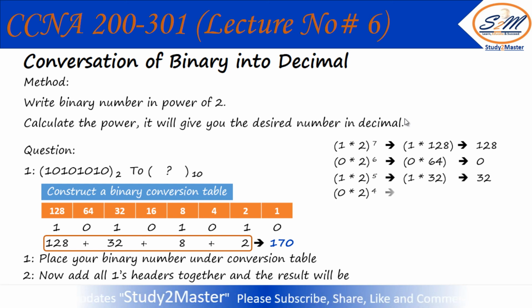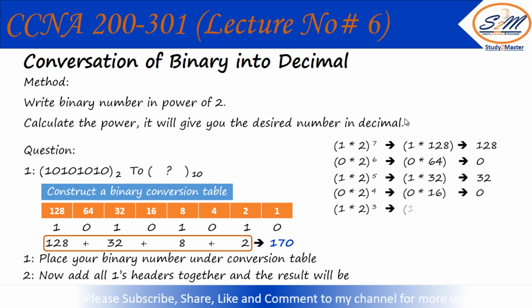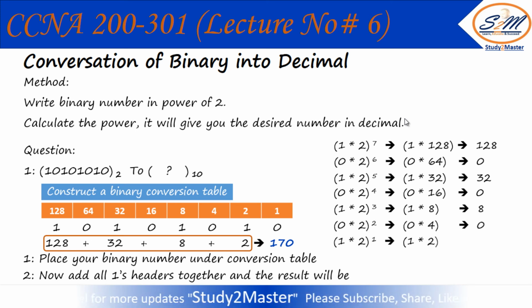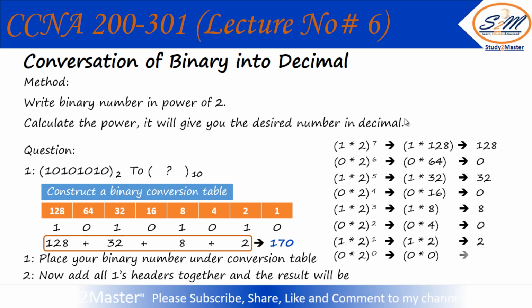We multiply all binary digits by powers of 2. So here, 1 times 2 to the power of 7, 1 times 128 is equal to 128. 0 times 2 to the power of 6 is equal to 0.